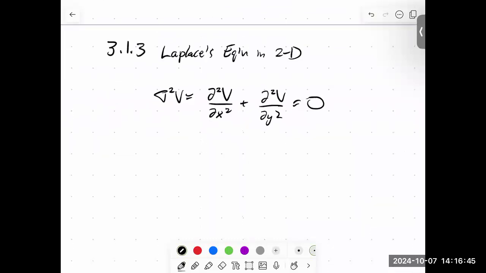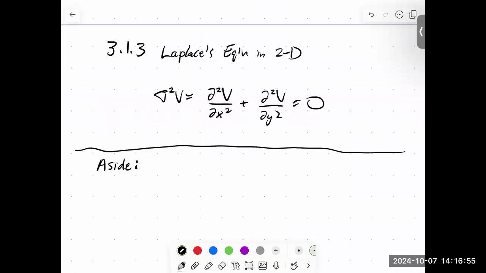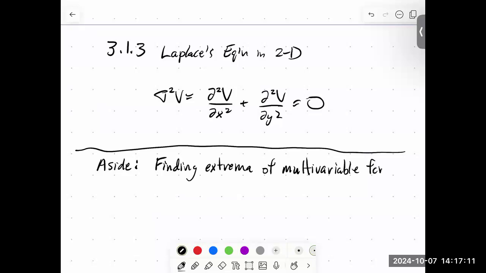So what I'm going to do is a bit of an aside here, and it's going to be slightly longer. This is something that Griffiths doesn't do, but I have to look it up. Maybe you've done this more recently than I have, but if I ever knew any of these facts, they evaporated long ago.